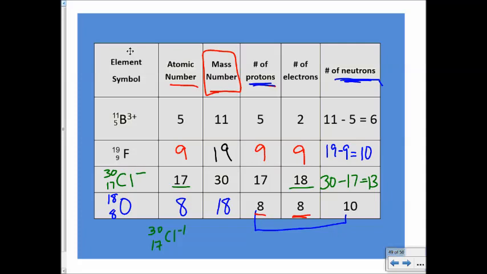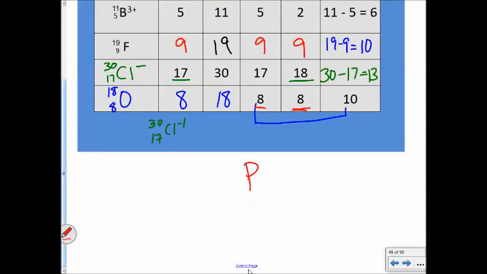The rows. Good. The periods go across. They are the rows. Periods are the rows on the periodic table. If you see period, that equals a row on the periodic table. Now, what is a group then?